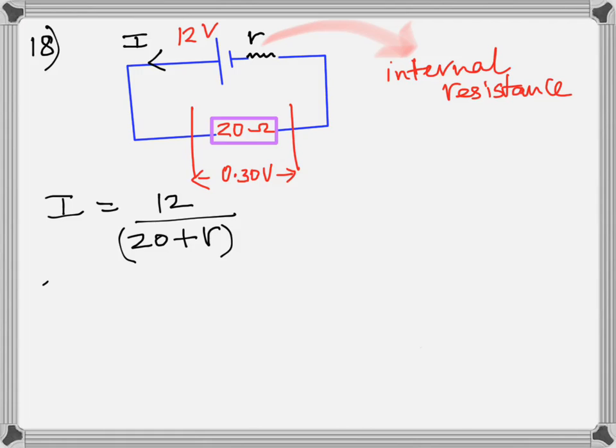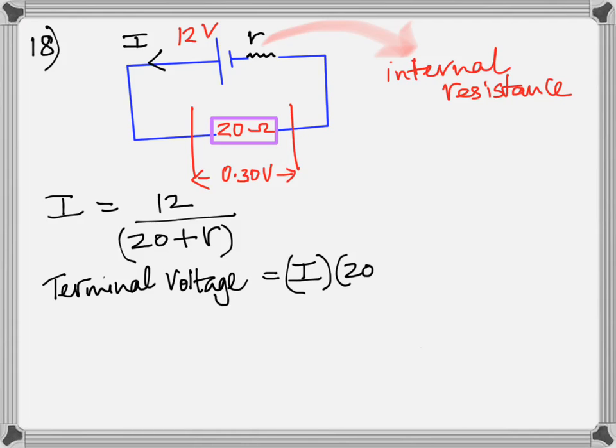Is this the formula for current? Because you know that the total resistance will be the sum of the two, 20 plus R, and current is voltage by this. And terminal voltage is... will the terminal voltage across the battery be the same as the voltage across 20 ohms?